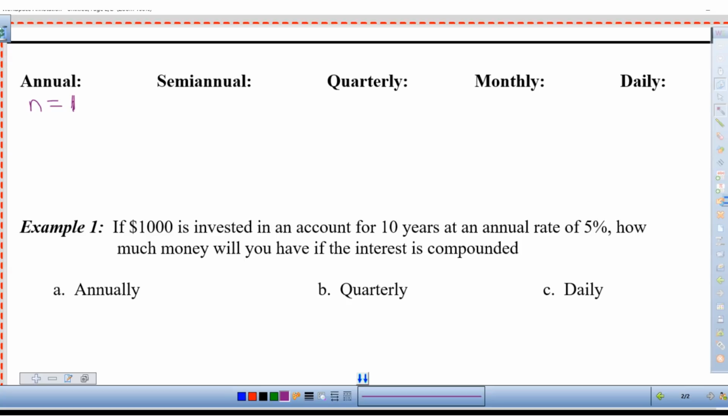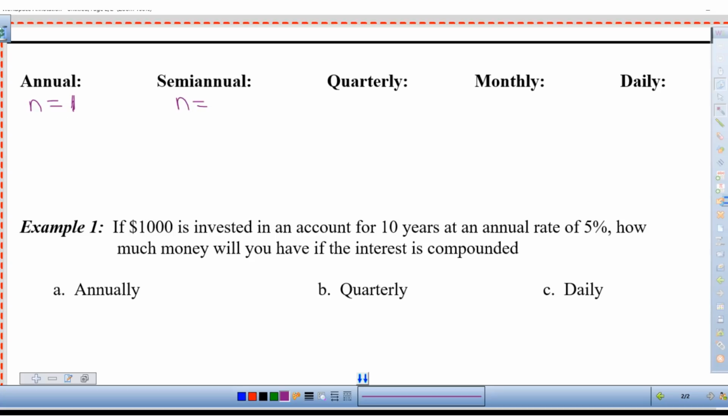The day after graduation, you go straight to the bank and put it in. It's going to sit there for 364 days and not do anything. It's still going to be $10,000. Then finally, once it hits the year, you're going to earn interest. That's what annual means.